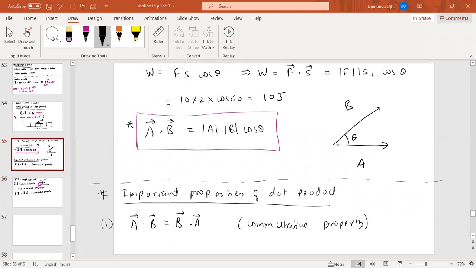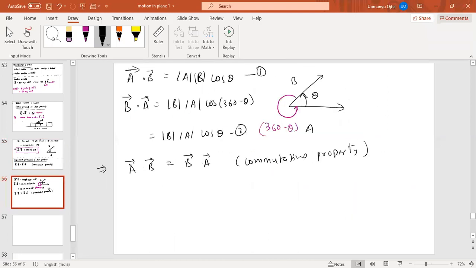So we have proved this point that A dot B means the angle should start from A and move towards B in the anti-clockwise direction. So we assume that the angle between A and B is theta. So A dot B will be equal to mod of A mod of B cos theta. Similarly, for B dot A the angle should start from B and move towards A. So it should be mod B mod A cos 360 minus theta, which will come as cos theta.